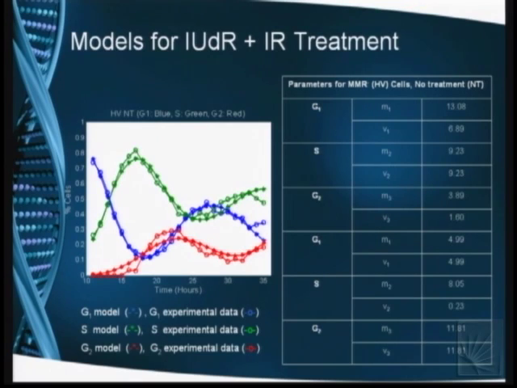Yes? So did you fit the model to this experimental data? Yes. Or the model parameters were chosen prior to getting the data? No, I fit the model to this experimental data. Okay, so this is showing that you're able to fit the model. Yes, but once you fit the models, we're going to use them to estimate further times.